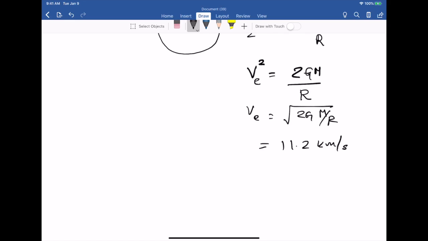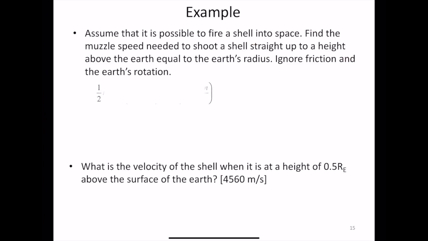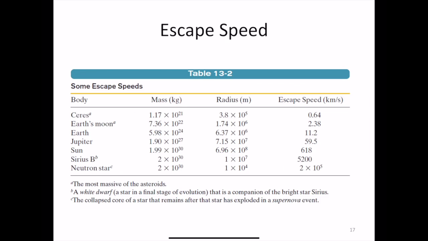The escape velocity for a neutron star is very close to the speed of light. The speed of light is 3 times 10 to the power 5 kilometers per second. The escape velocity for a neutron star is 2 times 10 to the power of 5 kilometers per second.